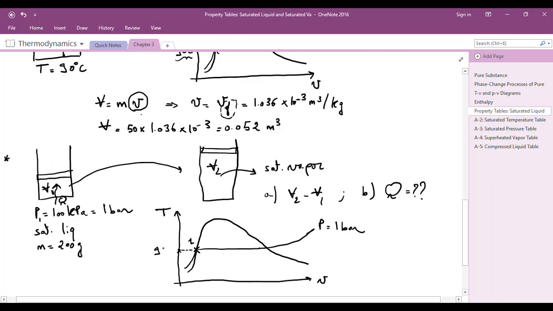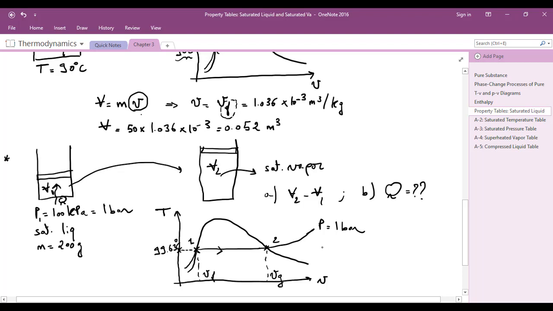So this temperature during the phase change process should always be constant. So from 1 to 2 is the saturated vapor state. State 1 corresponds to a specific volume Vf, and state 2 corresponds to a specific volume Vg.